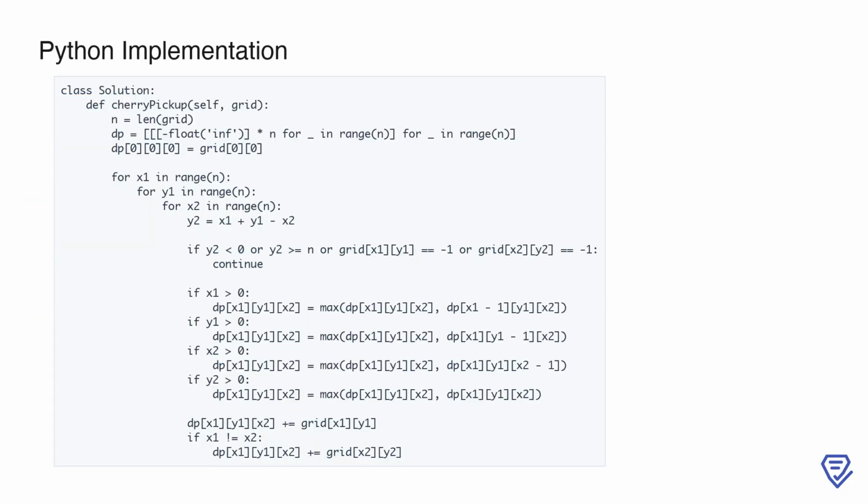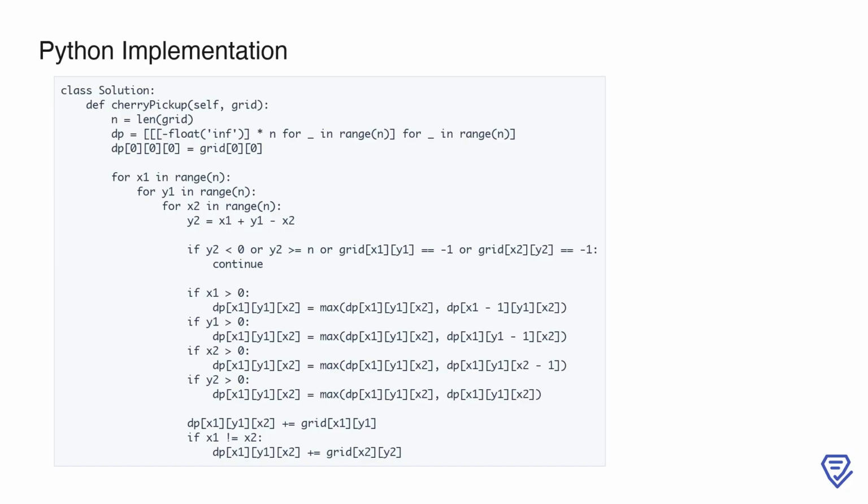Here, we start by defining our solution class and implementing the cherry pickup function. The goal is to use dynamic programming to calculate the maximum number of cherries two people can collect starting from the top left corner of the grid and ending at the bottom right corner. First, we determine the size of the grid, n, and initialize a 3D dp table, dp, with dimensions n x n x n.